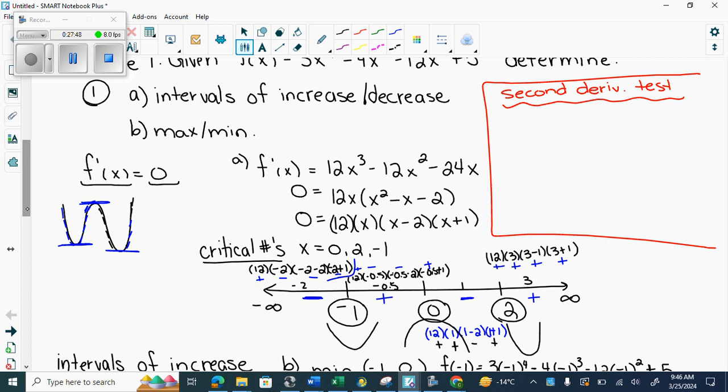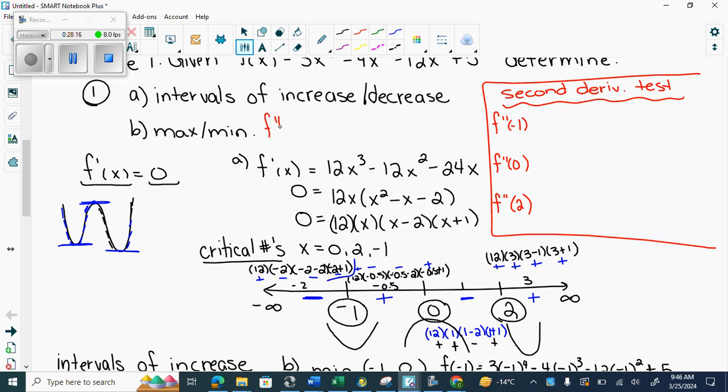So I'm going to go f double prime of 0. And I'm going to go f double prime of 2. And then f double prime of -1. In order to fill it as f double prime, I have to have f prime to get f double prime.